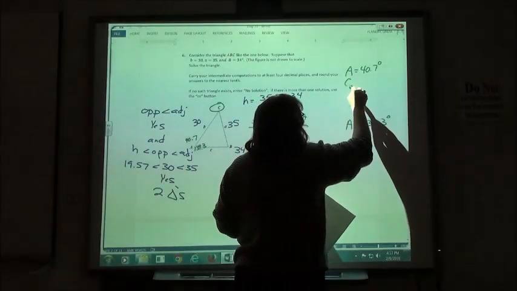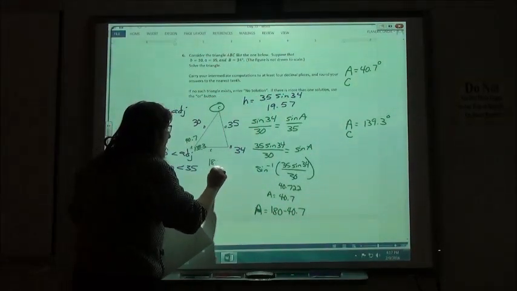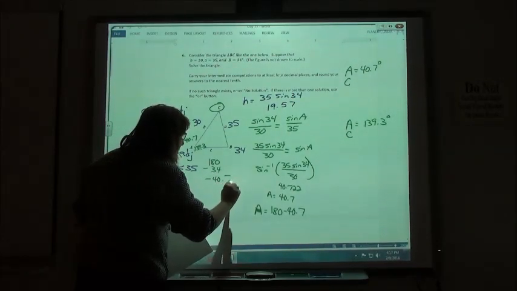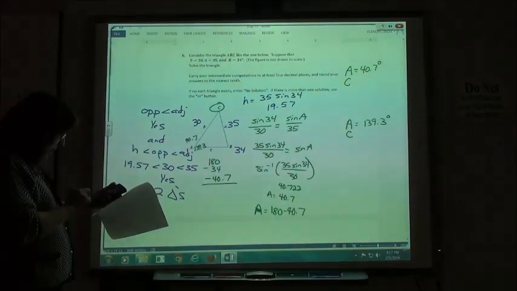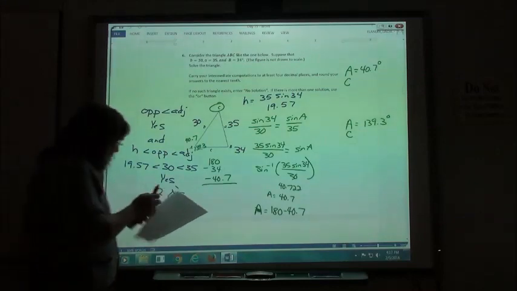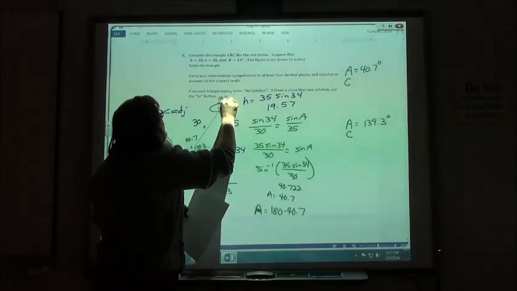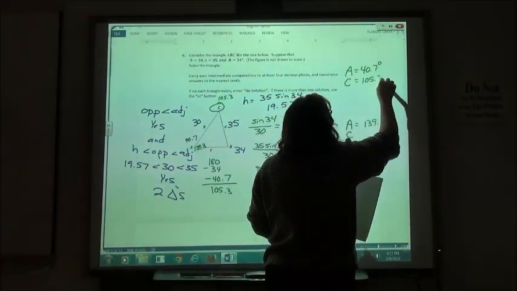So both of these I'm going to find angle C. The first one I'm going to take 180 minus my 34 and minus my 40.7. So 180 minus 34 minus 40.7 gives me 105.3. So here angle C would have to be 105.3.